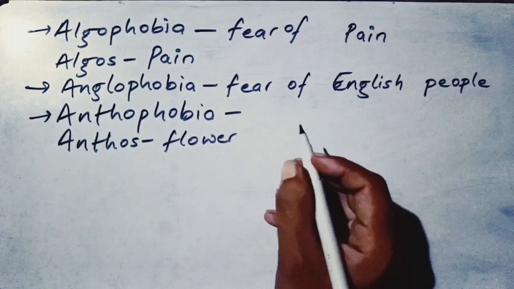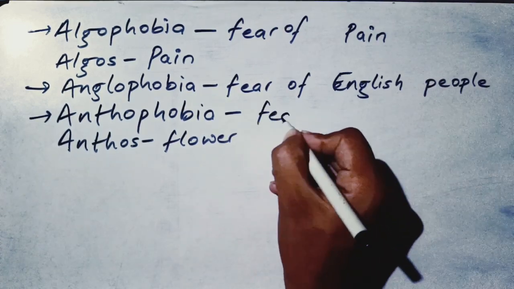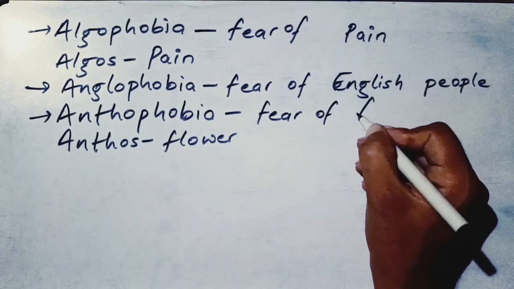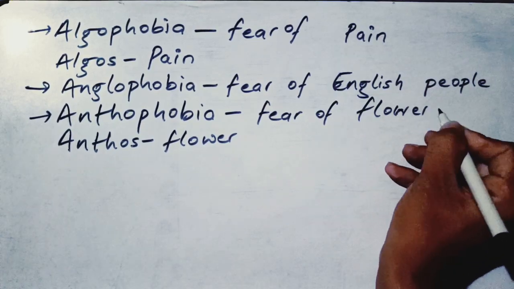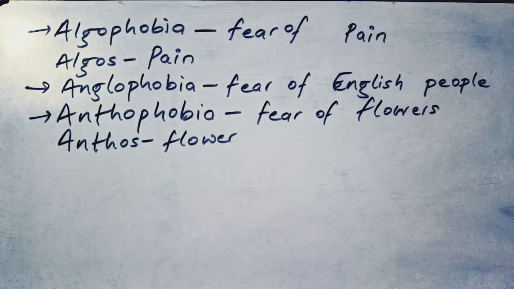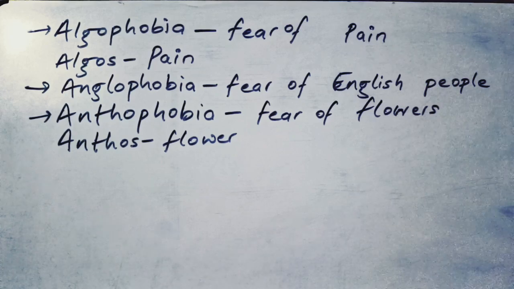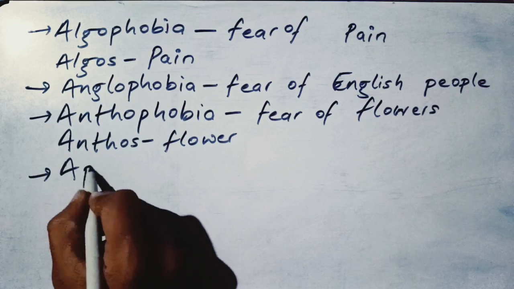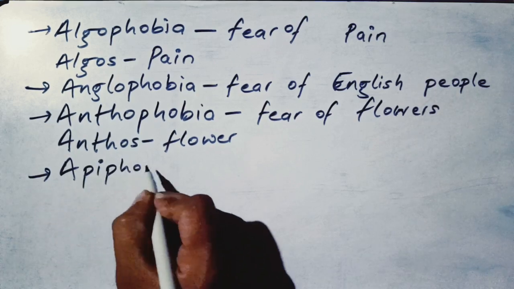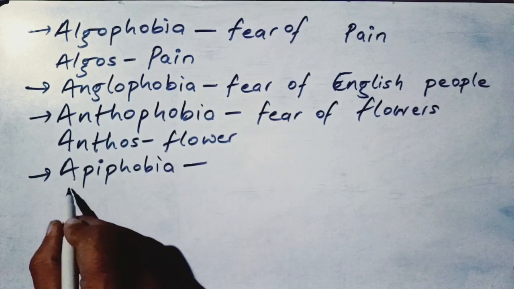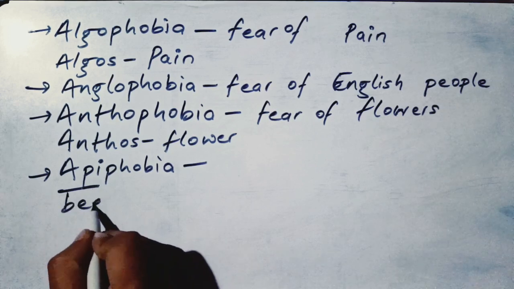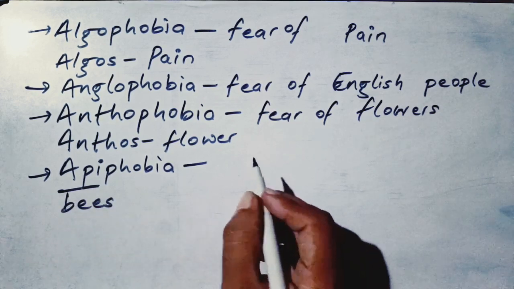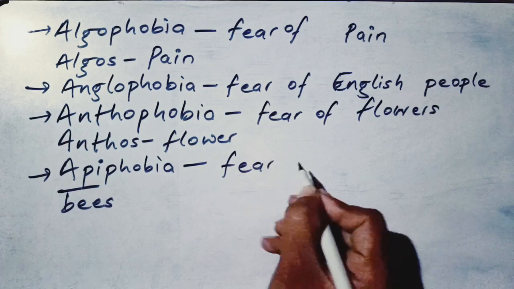Thus, Anthophobia means fear of flowers, or maybe dislike for flowers. Next, we have Apiphobia. Api means bees. Thus, Apiphobia means fear of bees.